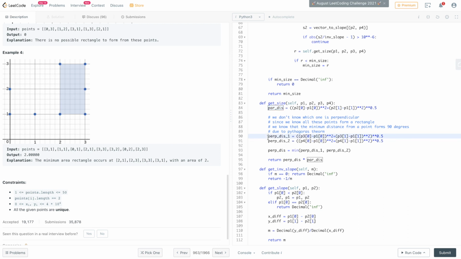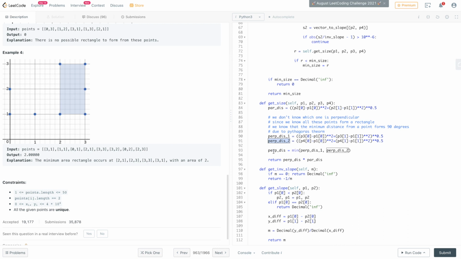So we find the distance between P2 and P1, that's the parallel distance, and we find the perpendicular between this vector, P2, P1 and P2 with P3 and P4, and that's the perpendicular distance. But one of these will be the minimum, whereas the other one will be larger because it's the hypotenuse.